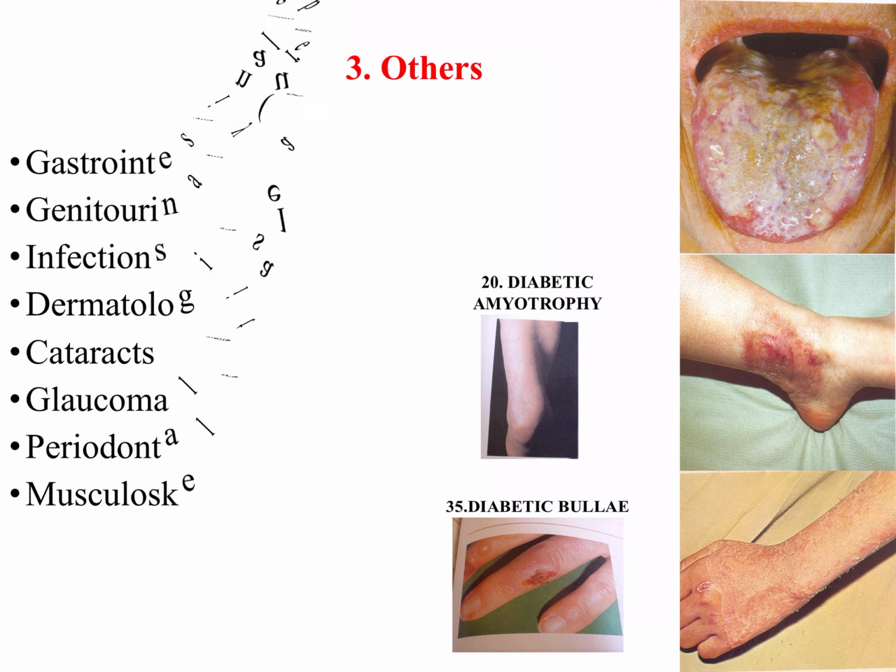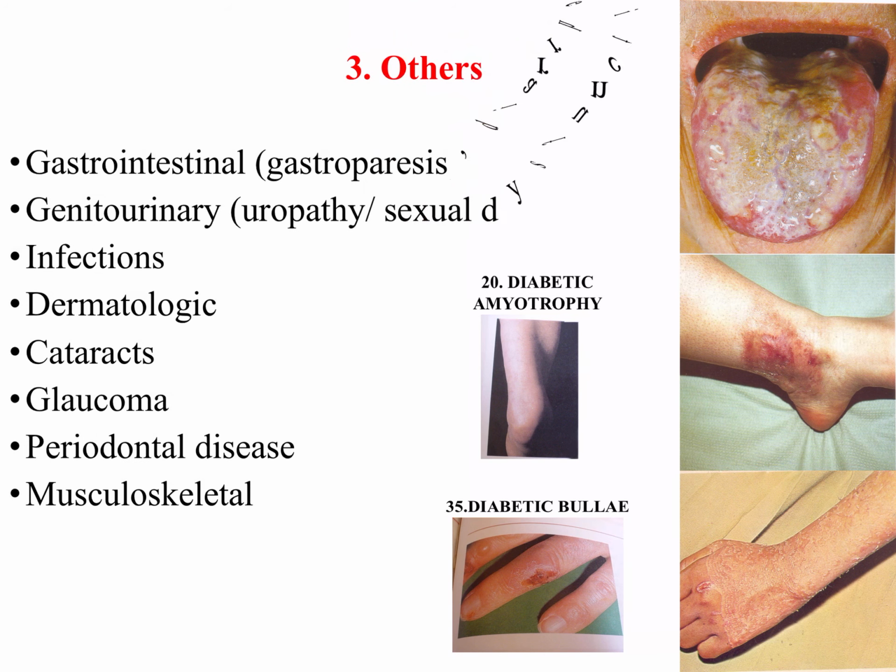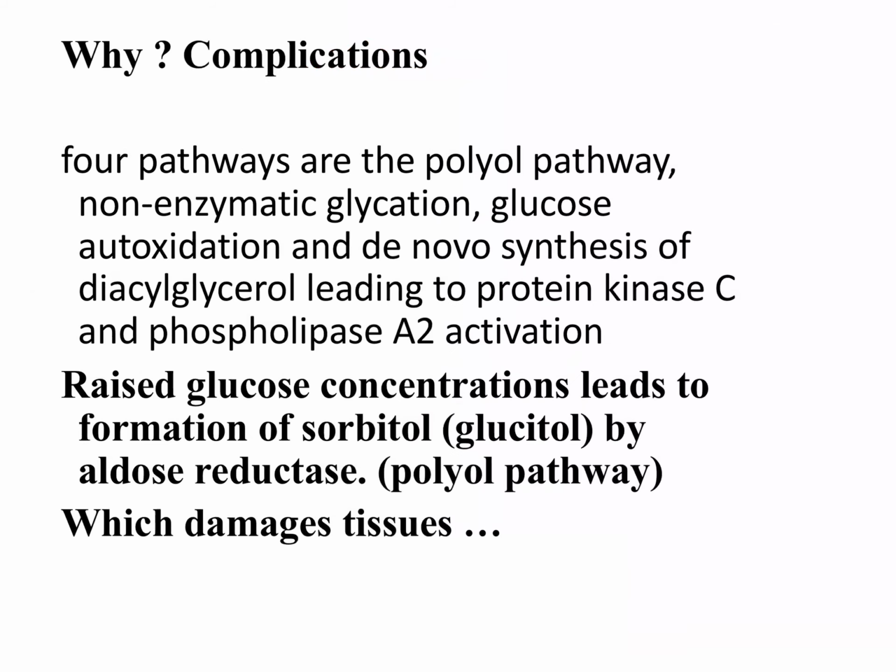There could be other diseases also which can be involved, like urinary conditions, gastrointestinal conditions, autonomic nervous system could be affected. There are more than 100 skin diseases which are associated with diabetes mellitus. Increased risk of cataract, glaucoma, periodontal diseases, and musculoskeletal diseases are associated with diabetes mellitus.